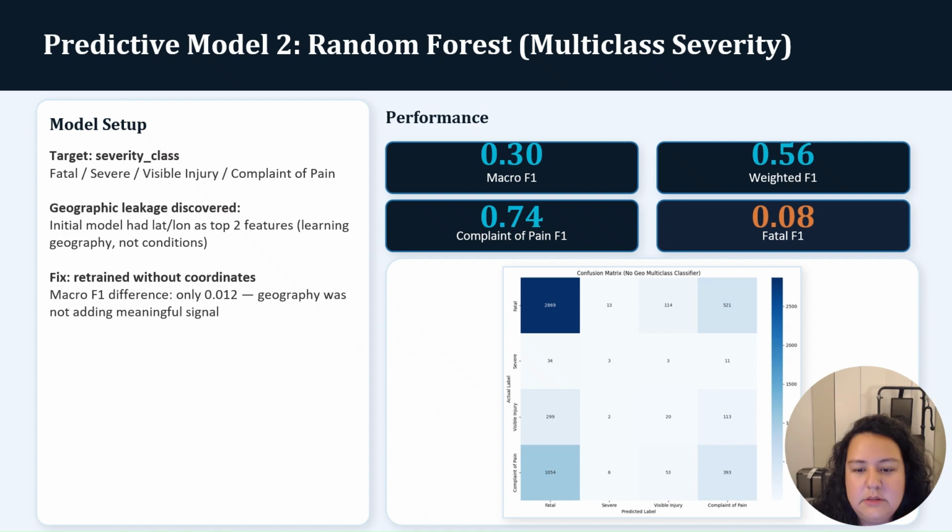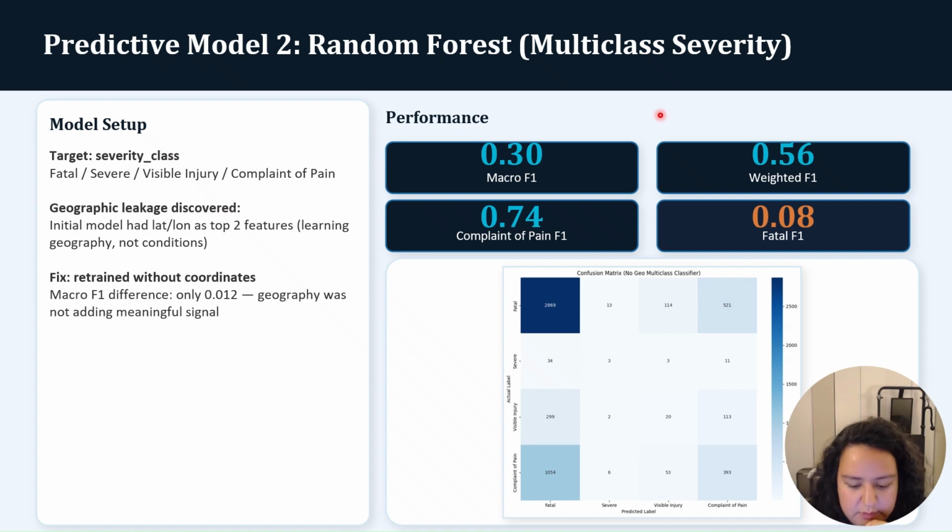The second model is a random forest multi-class classifier to predict severity across all 4 of the categories. I initially built a version of this model that had latitude and longitude as features, but those ended up ranking as the top 2 most important features by a wide margin, which sort of goes back to the motivating question of this whole project, which is that it really does seem like neighborhood or location really affects crashes.